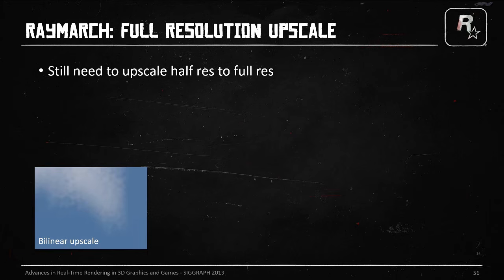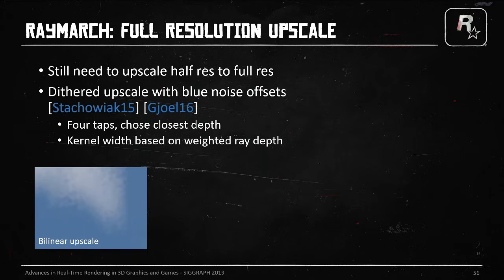If we just go with a bilinear upscale like this, then we can see the blue noise offset we've applied earlier. So what we do is we apply a dithering to the lookup by casting 4 taps into the result, and then pick the closest depth on depth discrepancies or average it out otherwise.